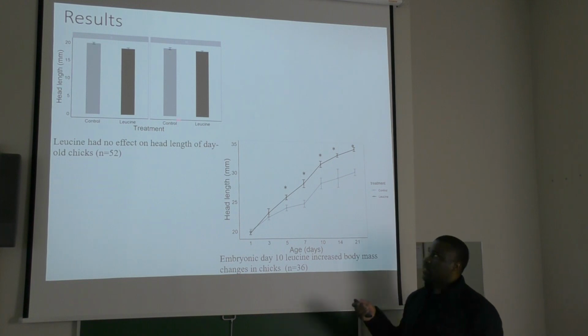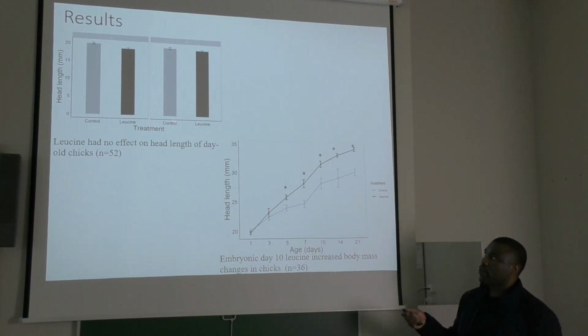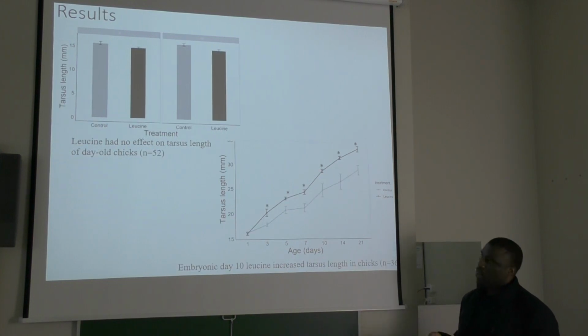Also, in terms of head length, there was no influence between day 0 and day 10, but there was a significant difference in embryonic day 10 that increased body mass changes in all the leucine-injected individuals.